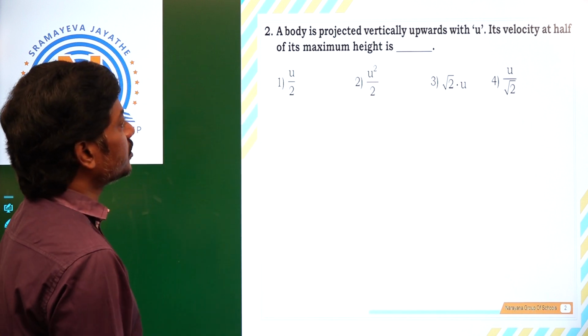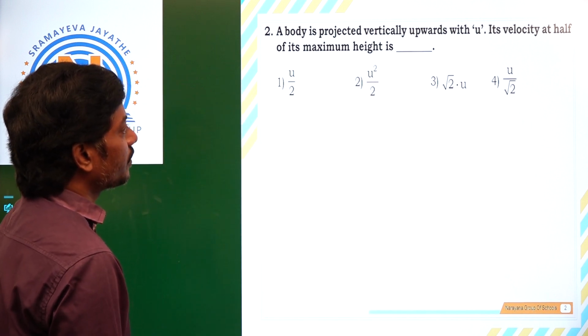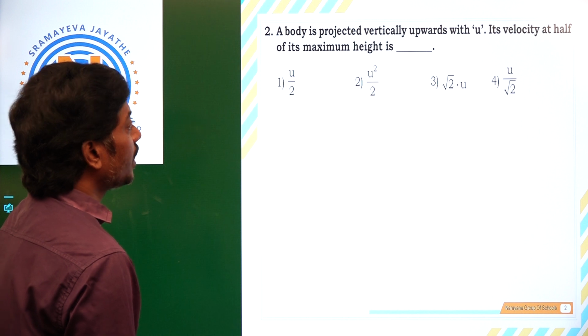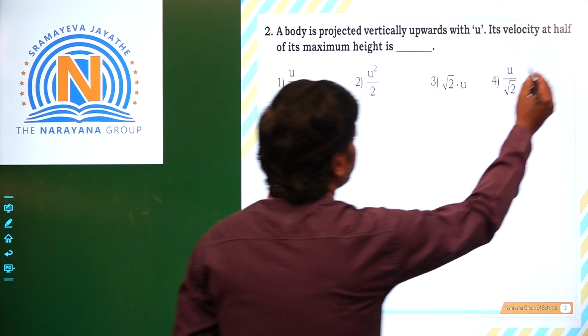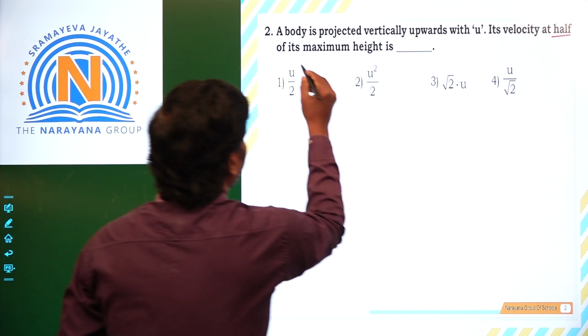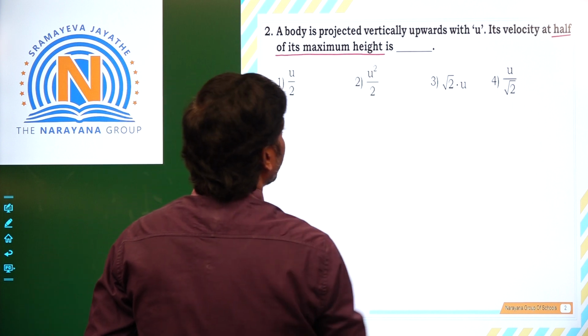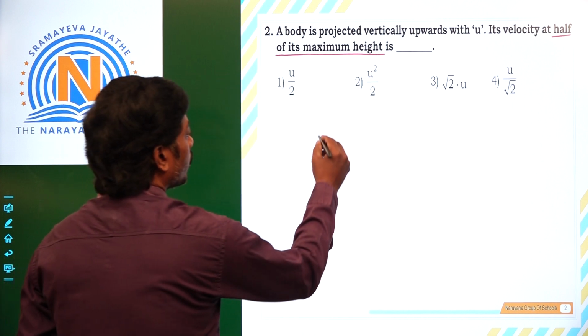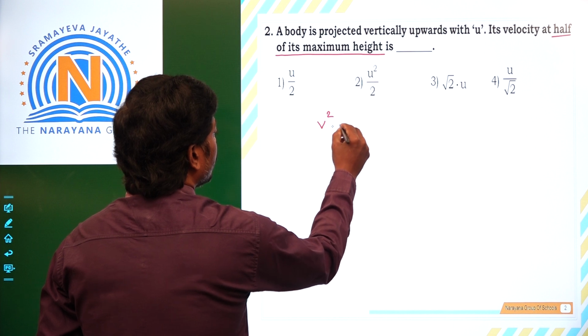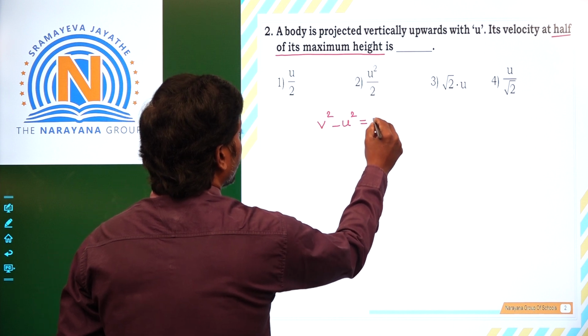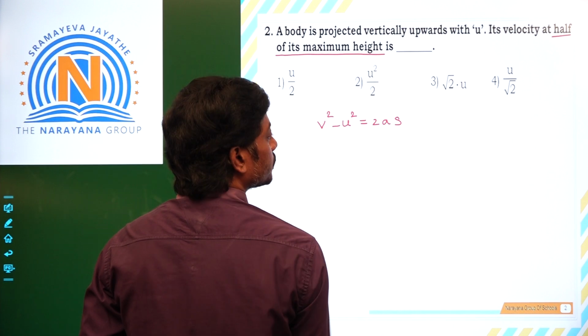A body is projected vertically upward with a velocity u. Its velocity at half of its maximum height is. So according to the equation of motion, v square minus u square is equal to 2as.